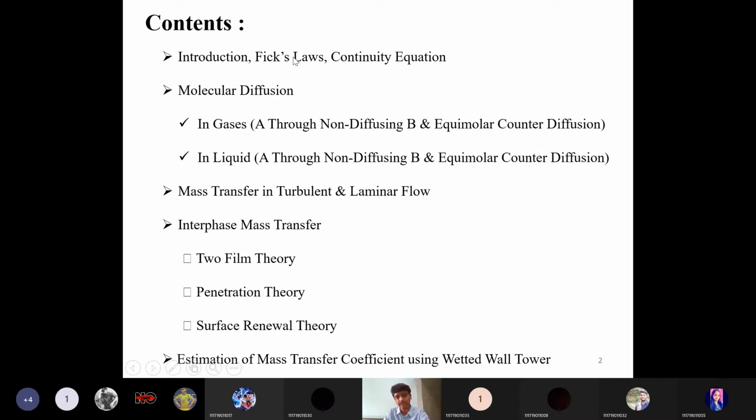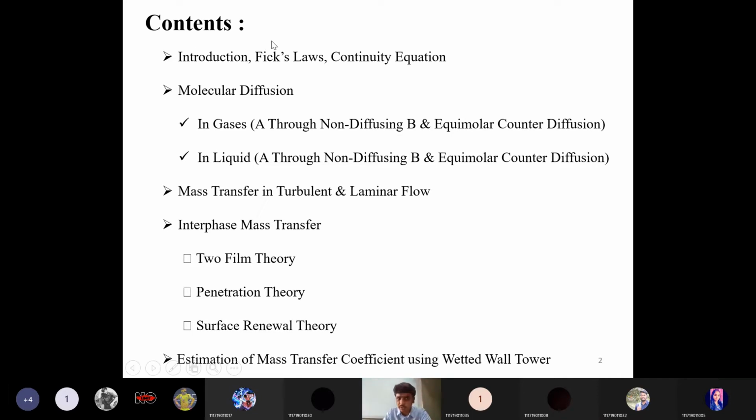Similarly, in the heat transfer course, there is Fourier's law of heat conduction. Q is directly proportional to the change in temperature with respect to dx, I don't remember exactly, in which the proportionality constant is k, thermal conductivity, that is dT by dx or dT by dy.